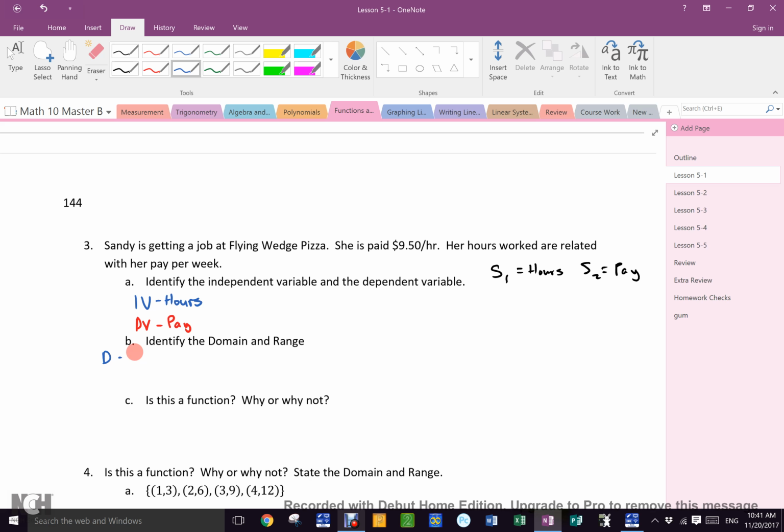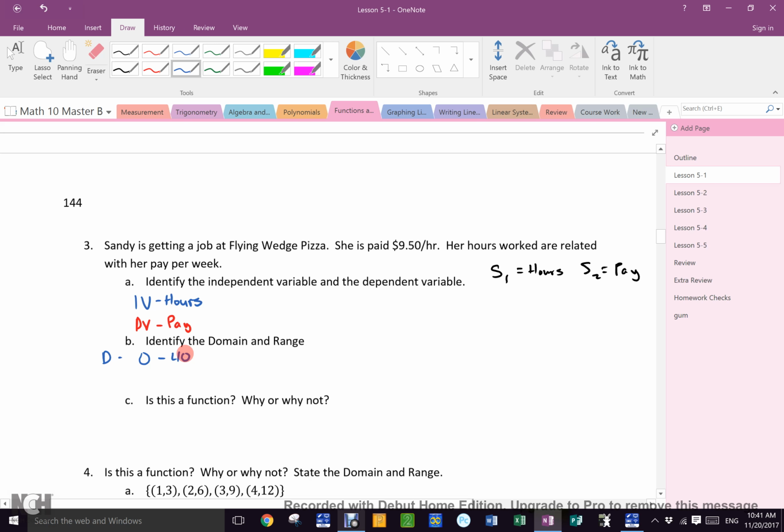Can I work negative hours? No. So the domain is 0, right? What's the most I could work in a week for that wage? How many hours can I work in a week for that wage before that wage would change? 40. So the domain is 0 to 40.